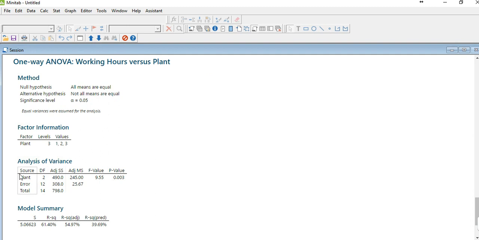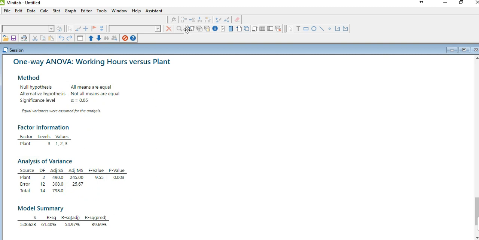In the analysis of variance, the plant has 2 degrees of freedom, which is 3 plants minus 1, and the F value is 9.55, so the corresponding p-value is 0.003, less than 5%. We reject the null hypothesis. We're saying that not all means are equal to each other.